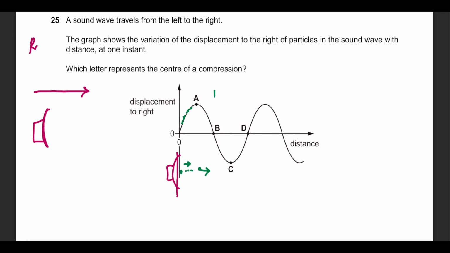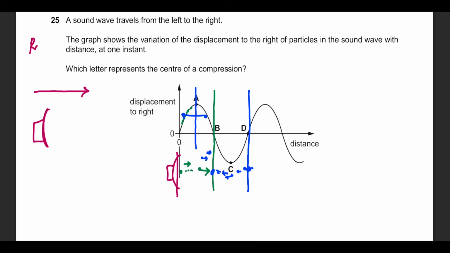Now, exactly at B, you will find that there are more particles between A and B that are still trying to go to the right side because the displacement is still positive. The B particle is not moving at all. But the particles after B are going left. And the C particle is going left the most. These particles are also going left, left, left. And exactly at D, the particles stop moving again.